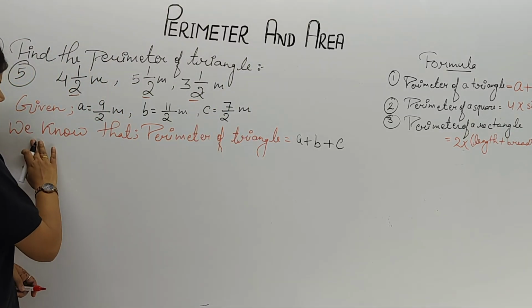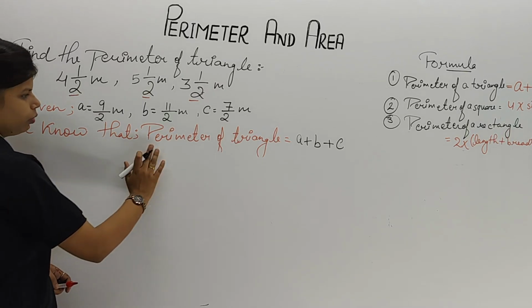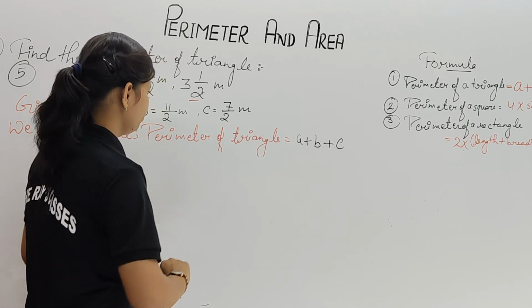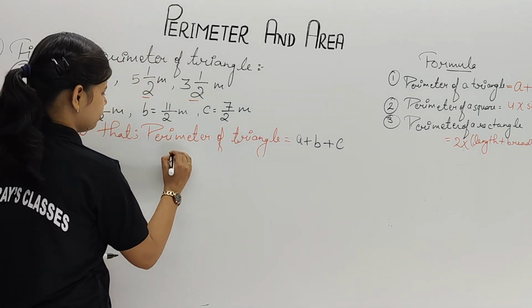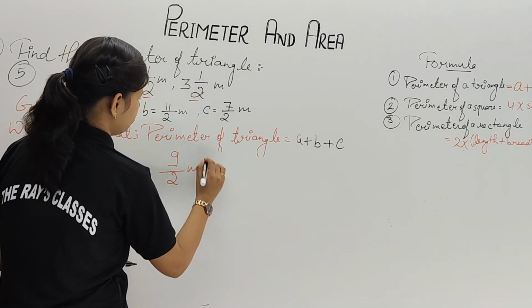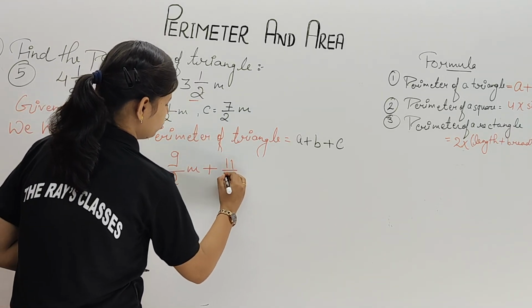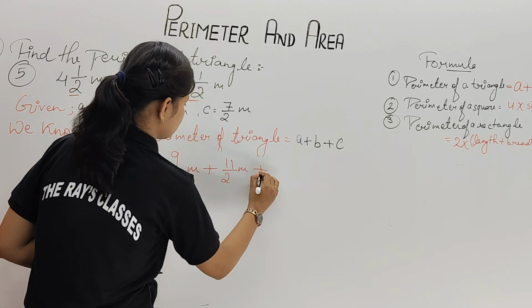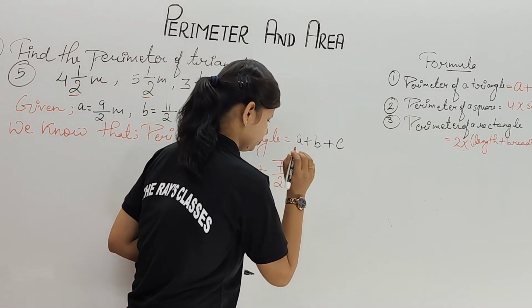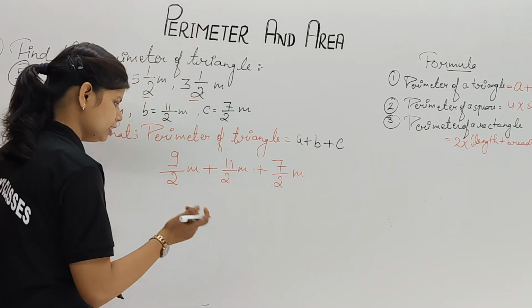And from here you can see we have written all the formula. We know that the perimeter of a triangle equal to what? A plus B plus C. Clear, no? So what is your A? Your A is given 9 upon 2 meter plus B is given 11 upon 2 meter plus C is given 7 upon 2 meter. It's very easy.